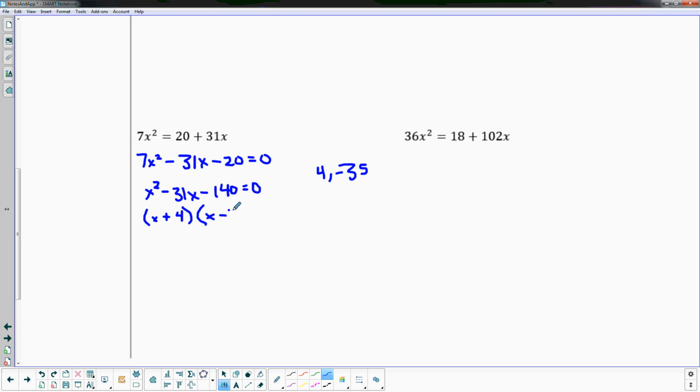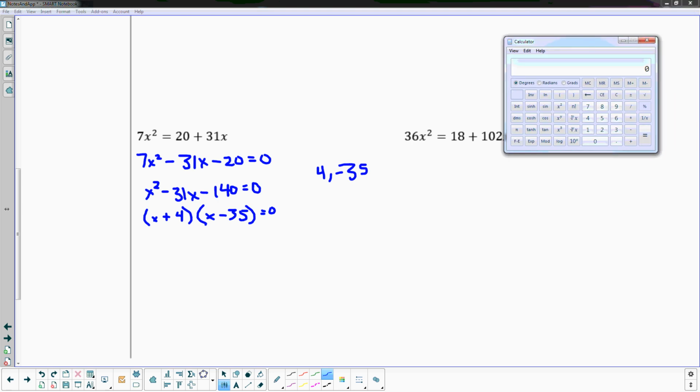So again, that part takes a little bit of effort, but it is doable. I don't want anybody to think they can't do it, because you could literally take your calculator and go 140 divided by 1.